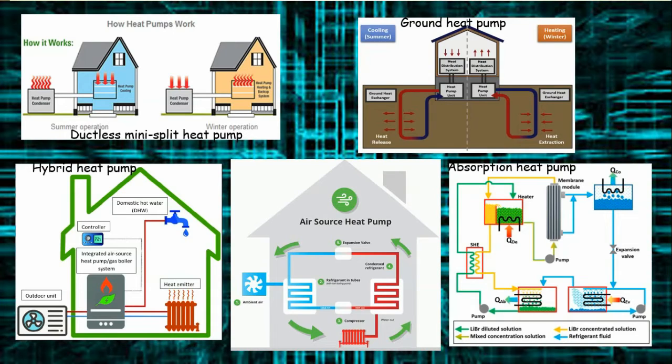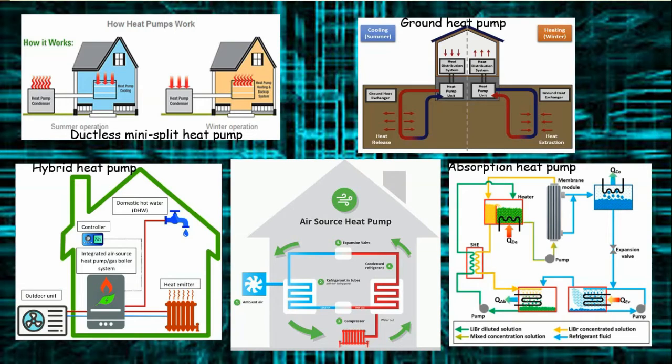So we go to the next slide. Here we show the diagram of the heat pump process from the types that I presented before. The first diagram shows a ductless mini split heat pump, and the second is the ground heat pump, followed by the hybrid heat pump, and the air source heat pump.